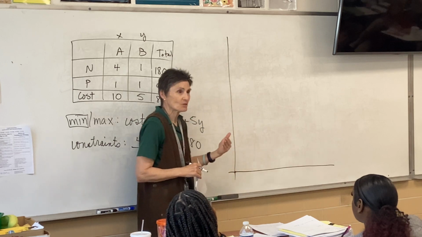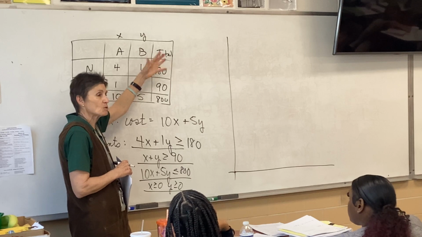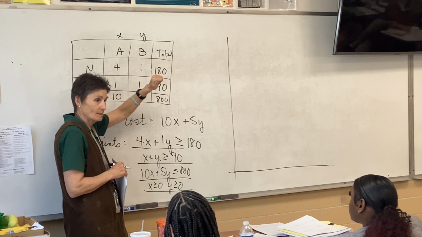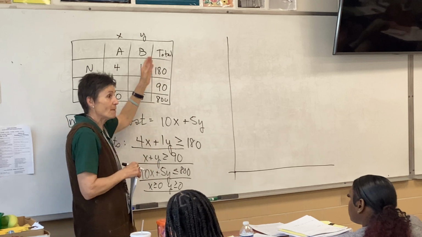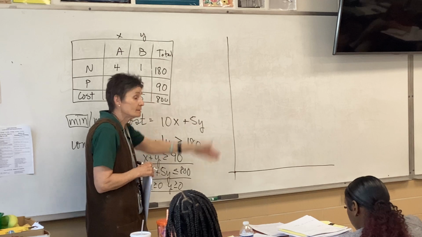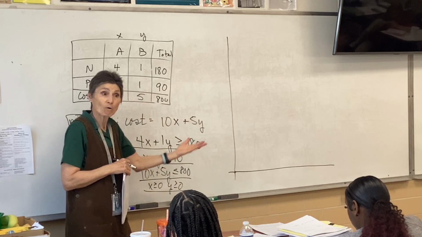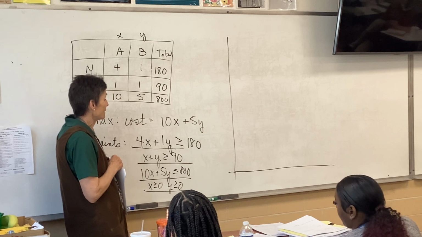Does it make sense to you that X and Y have to be positive? Yeah, because what do they stand for? The bags of fertilizer I'm buying can't have negative bags. They can be fractions. You can come out with fractions, but you can't come out with negatives.